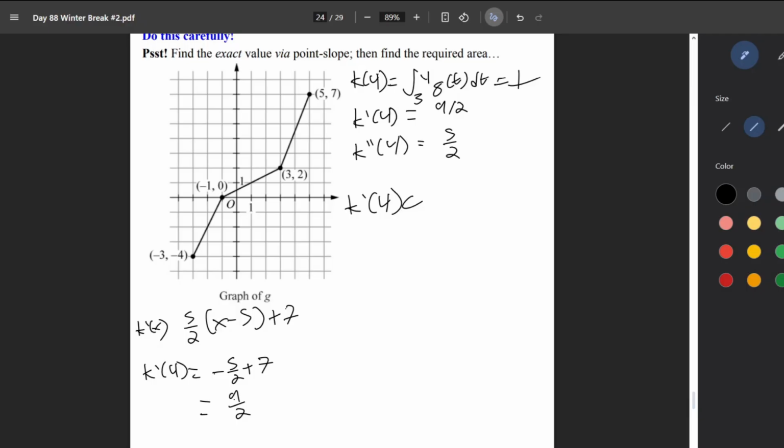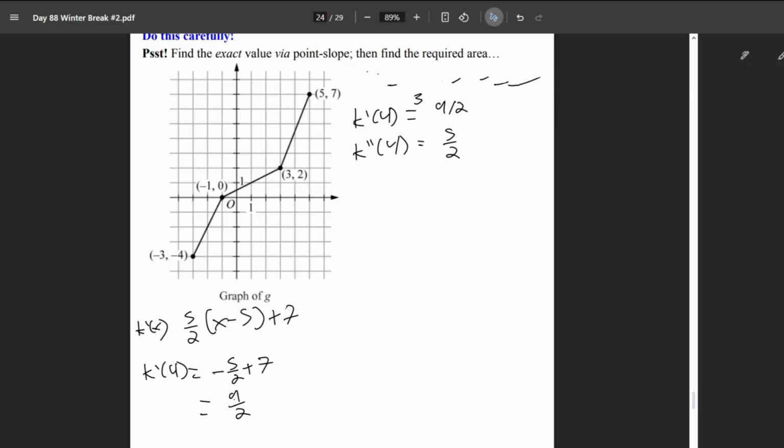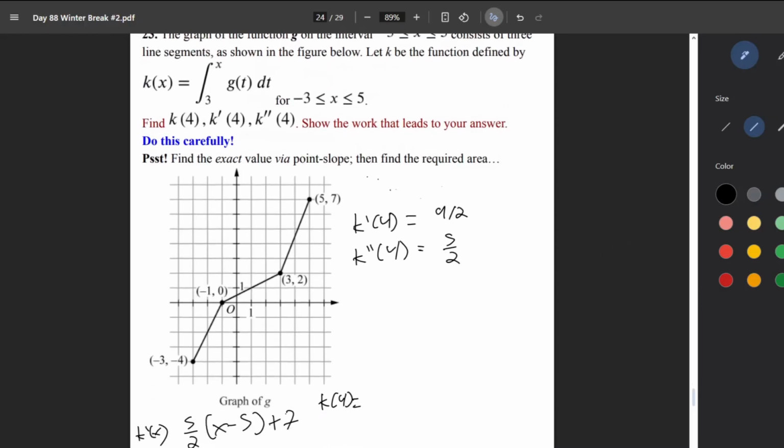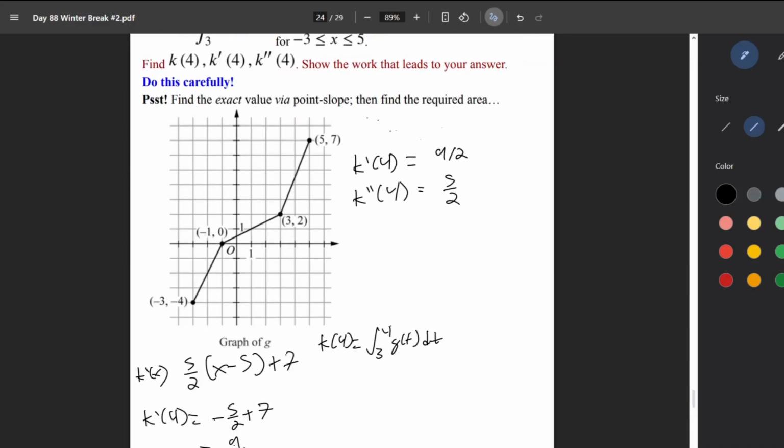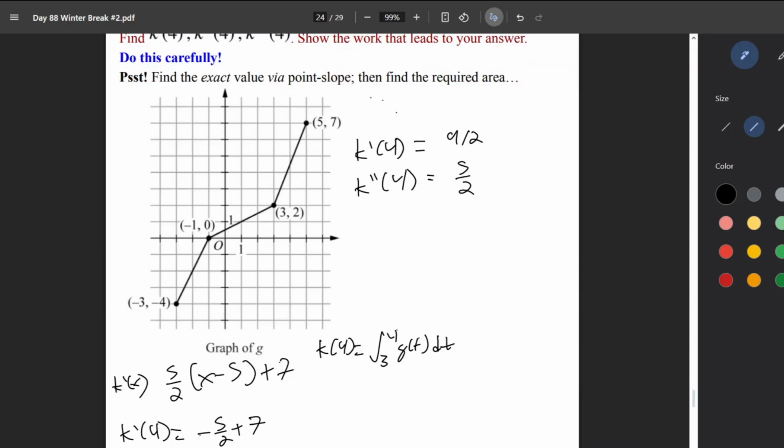But yeah, let's find k of 4 now. So let's just erase this. I don't really need that. K of 4 equals, where's the function? The integral from 3 to 4 of g of t dt. So, since we have a trapezoid, we would have to do 2 times the average of them.